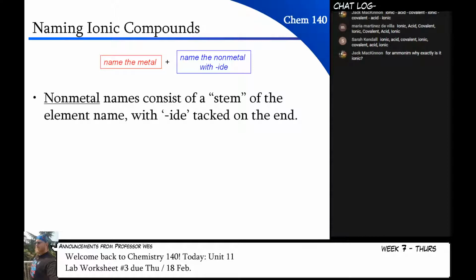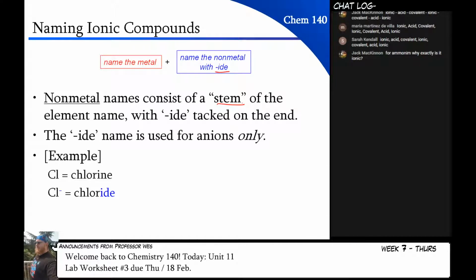All right. What about this nonmetal part? The nonmetal with ide right here is going to take the stem of your element, and then you're just going to stick the suffix "ide" on the end here. Now, you've probably seen a lot of these ides before.